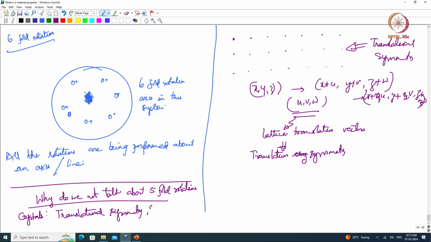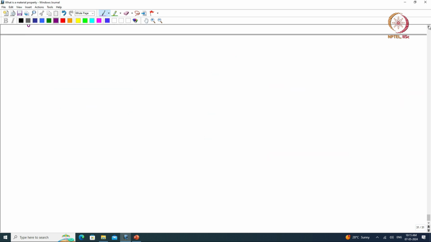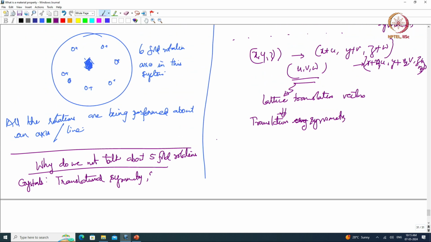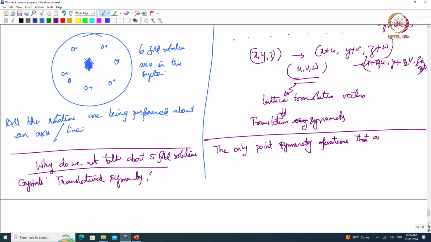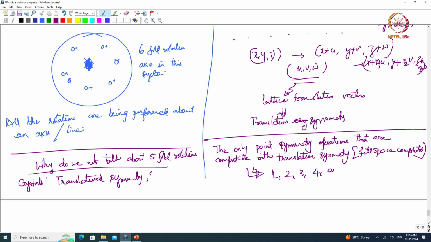Now, if you have translation symmetry, you can easily show, and I leave the proof to you, that the only point symmetry operations that are compatible with translation symmetry, or in other words that can fill space completely, are 1 fold, 2 fold, 3 fold, 4 fold and 6 fold rotations and their derivatives.